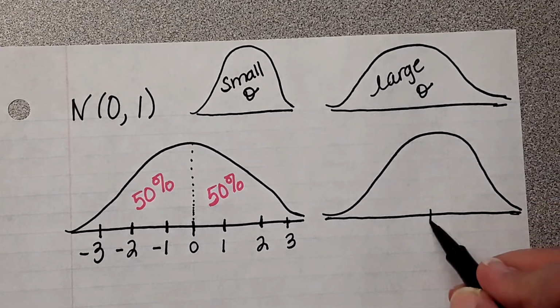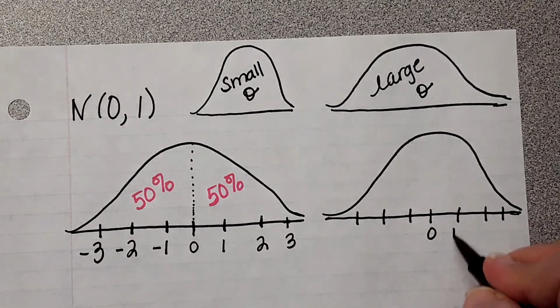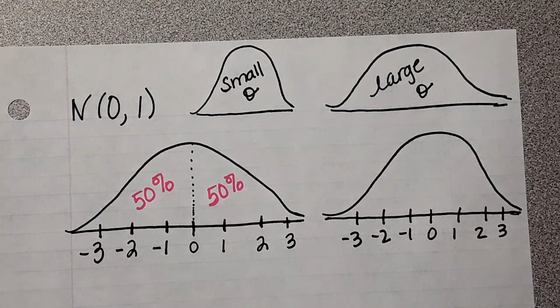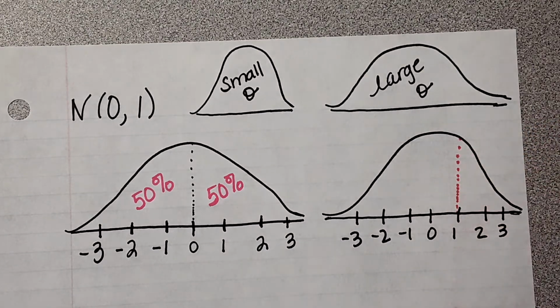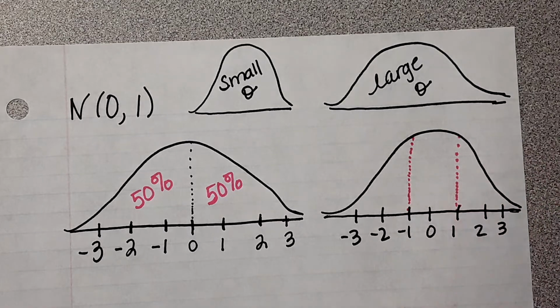We're going to put 0 in the middle again. 1, 2, 3. 1, 2, 3. And you're going to label it just like we did the other one. We're going to talk about one standard deviation. So we're going to talk about what's in between the one standard deviation and what's in the tails.